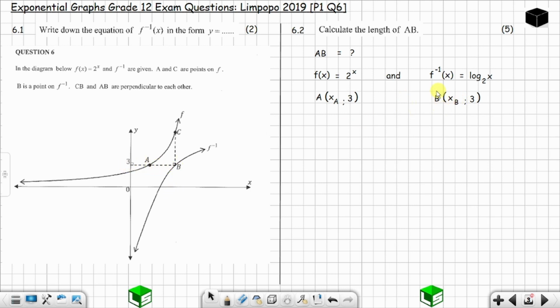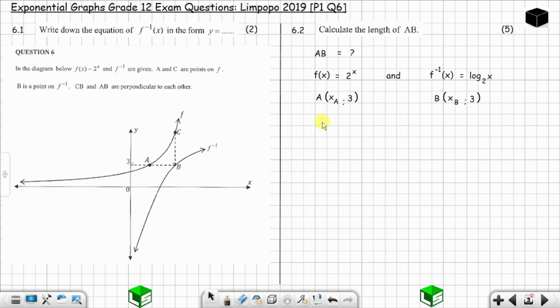So you have the point B on the inverse of f of x and the point A on the graph of f of x. We can use this point to get the x coordinate of A, and you can use this point to get the x coordinate of B. You are given the equation, so let's use it. Let's start with this one. This is your y coordinate. f of x is y.